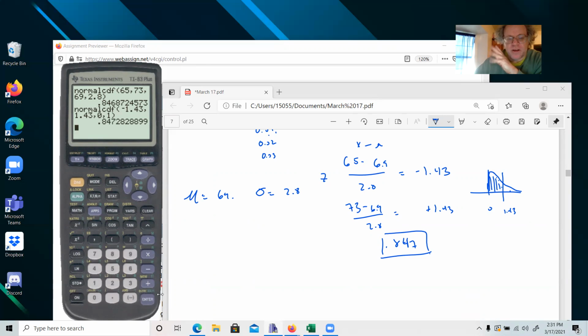Enter, done. Same. I rounded, so it's going to be a little different, but to 3 decimal places it's the same number. It's 0.847. And that is how you should be doing these problems.